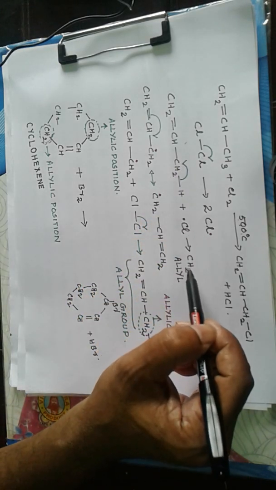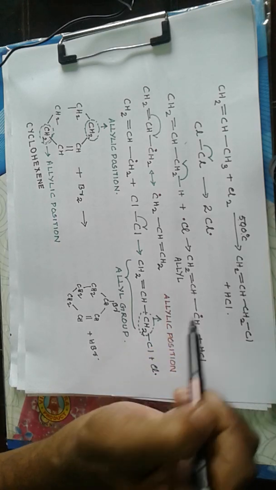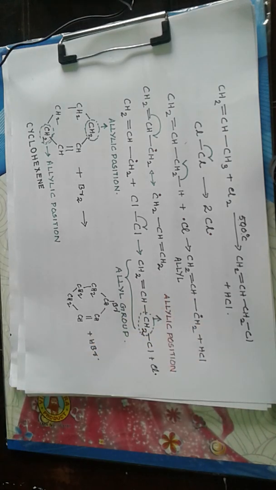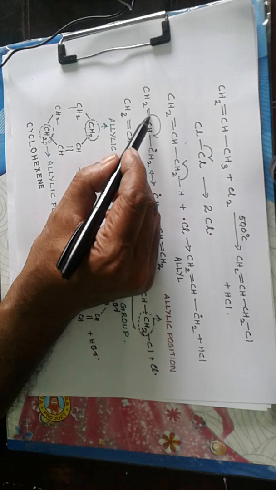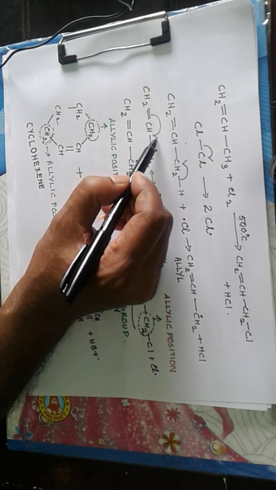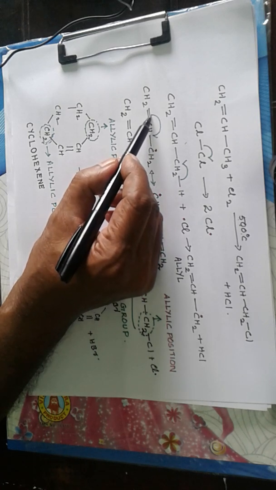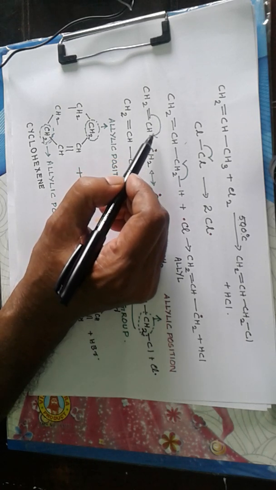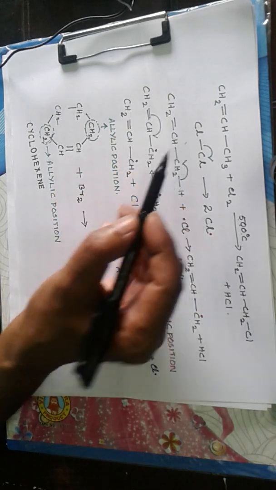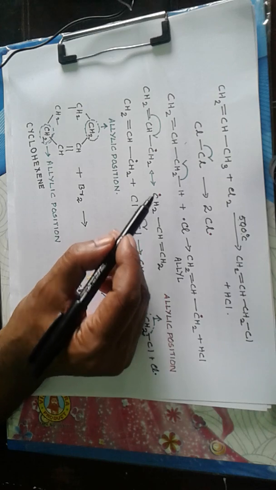Now that radical, CH2 double bond CH CH2 with a single electron on CH2, is called an allyl radical. Then an allyl radical can undergo resonance. Here this pi electron pair shifts in this direction, and this half-headed arrow shows that only one pi electron is moving in this direction, and the other pi electron will remain over this carbon as a free radical center.